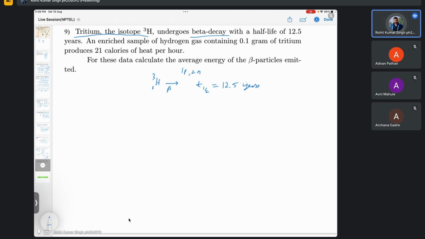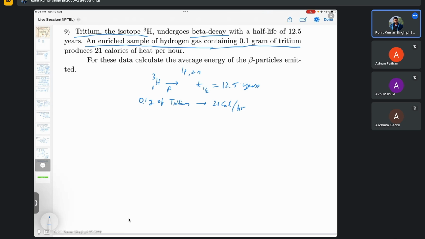Then the question says that an enriched sample of hydrogen gas containing 0.1 gram of tritium produces 21 calories of heat per hour.